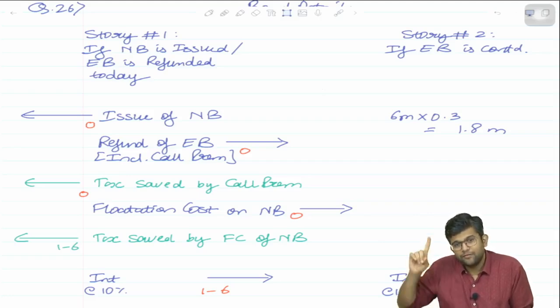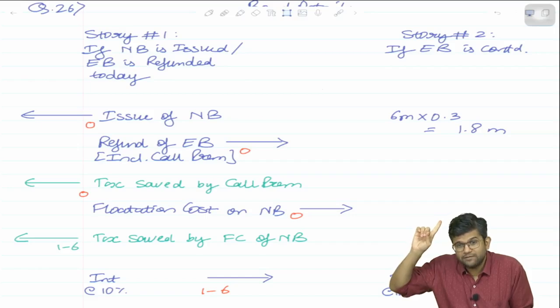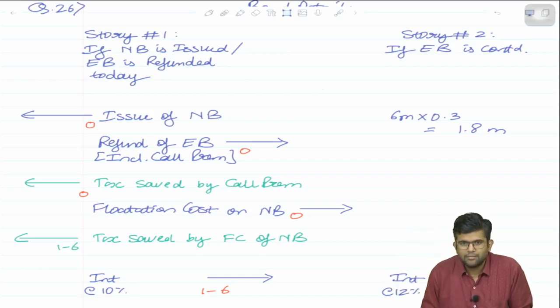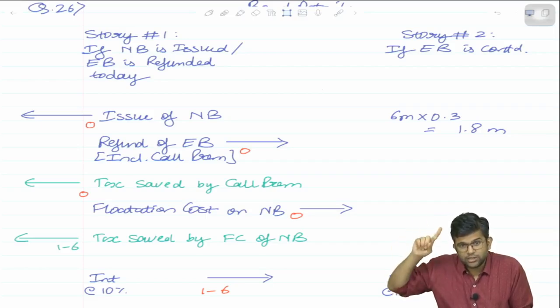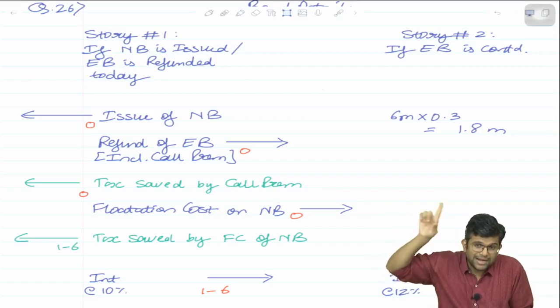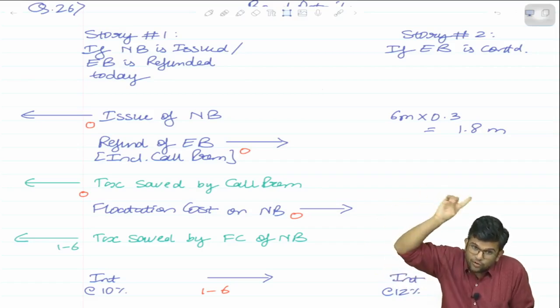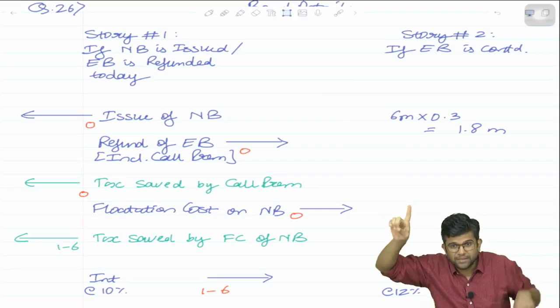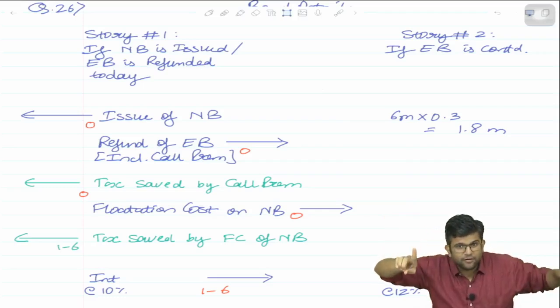Will that flotation cost also save tax for me? Yes. Can I say that the flotation cost which I must have incurred when I issued the bond to Bhavani many years ago, the tax on that flotation cost must be amortized over the life of the Bhavani bond?